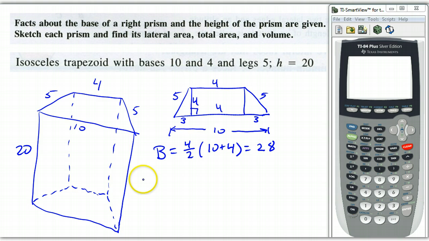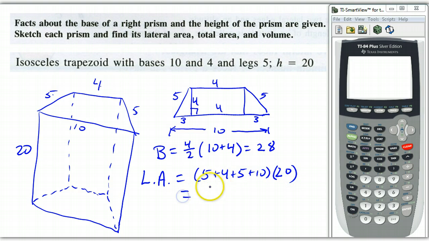All right, well, let's get our lateral area. The lateral area is the perimeter of the base, so that's going to be 5 plus 4 plus 5 plus 10, times the height. So that's going to be 24 times 20, which is 480.